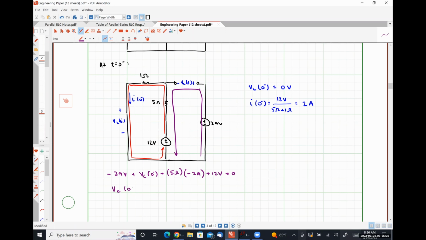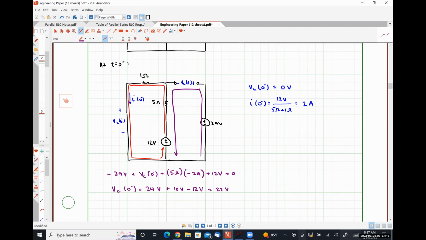So from this, VC at 0 minus is going to look like 24 volts plus 10 volts minus 12 volts, which comes out to be 22 volts, if my math is correct. So let's see, 24 plus 10 is 34, 34 minus 12 seems like 22 to me.